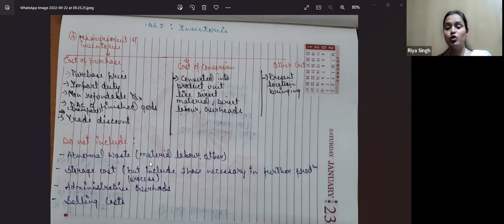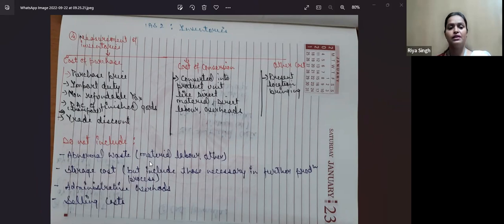Abnormal waste here means waste that should not be included in the cost of the goods. So if that kind of waste is there, it is abnormal waste, and that amount you are not going to add in your cost of inventory.